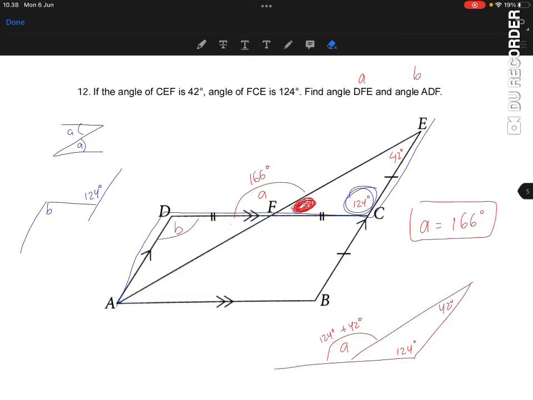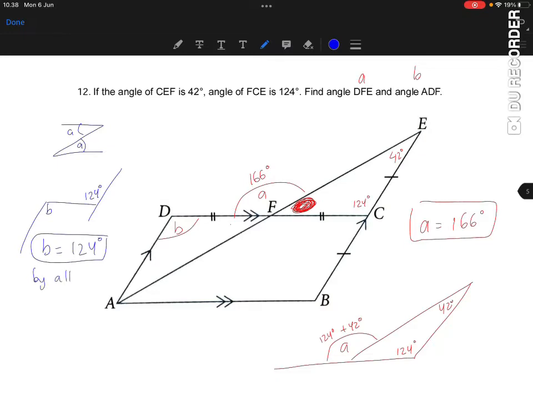Can you recognize it? So B is going to be 124 by alternate angles.